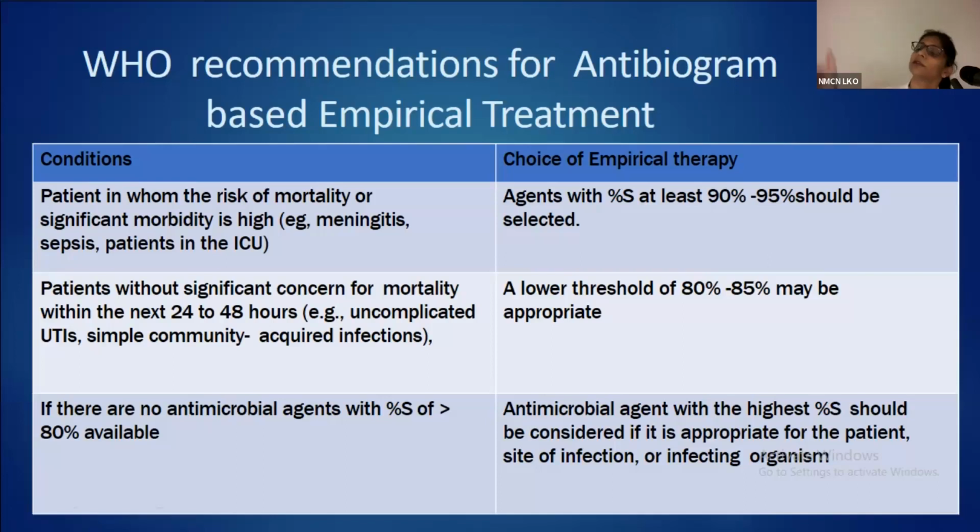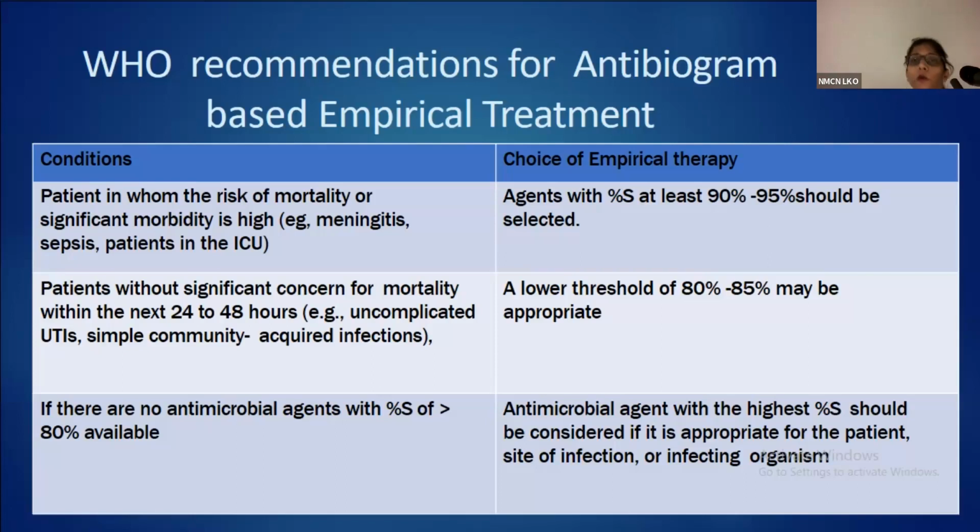We have to choose the empirical agent for that particular bug-drug combination, so we look at the agents which have susceptibility rates of more than 90%. Only they can be chosen as empirical therapy if the patients are at greater risk of mortality. If the patient is without any significant risk of mortality during the next 1 or 2 days, for example, community-acquired infections, then a lower threshold, even up to 80%, may be appropriate.